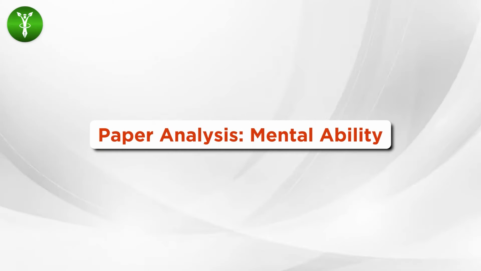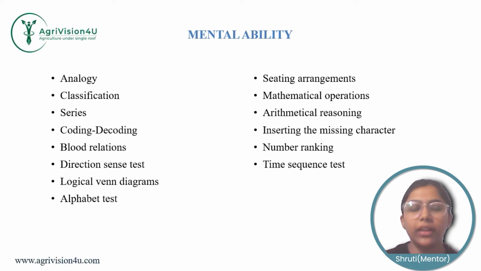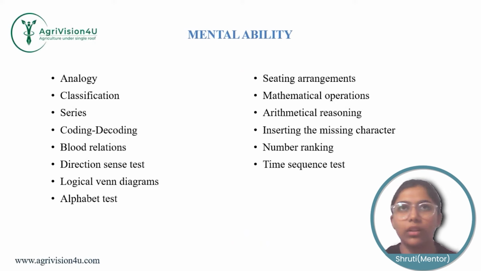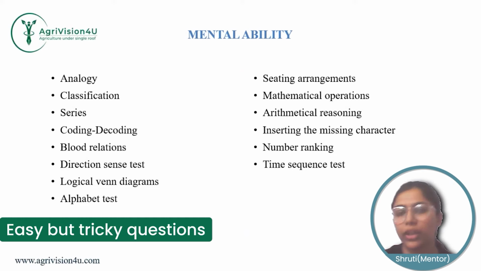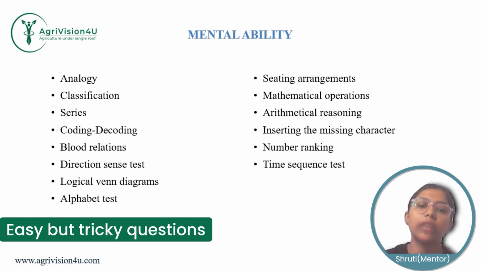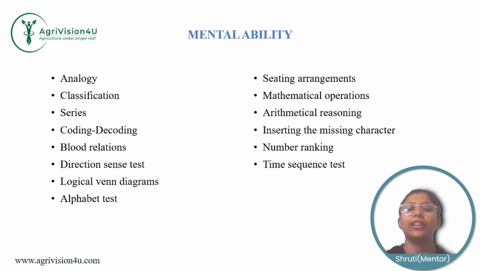Now we'll go towards mental ability. Mental ability was a bit tricky. Normally the questions were very easy, but they tricked the questions with a word-problem kind of arrangement to put you off answering.